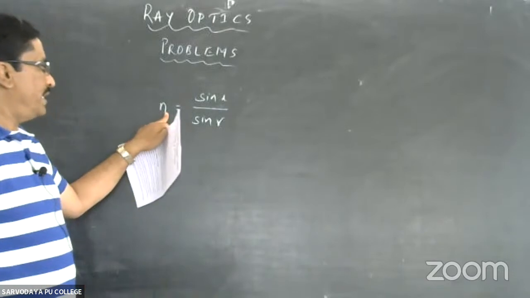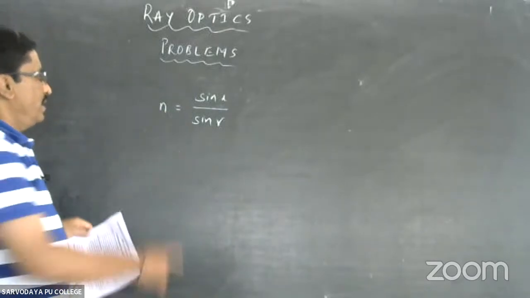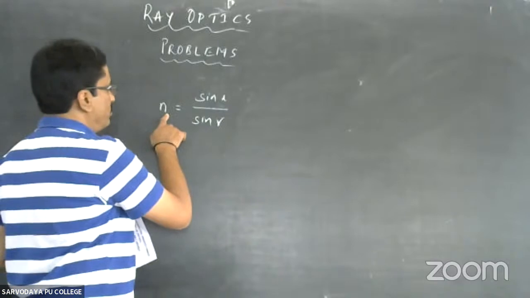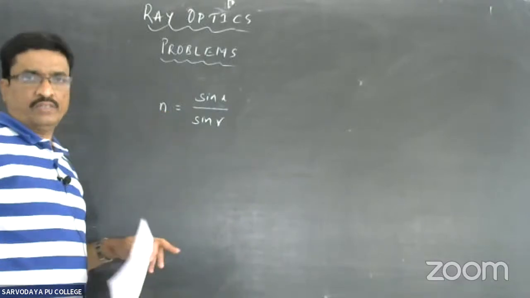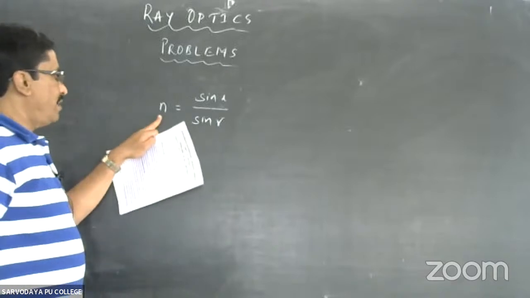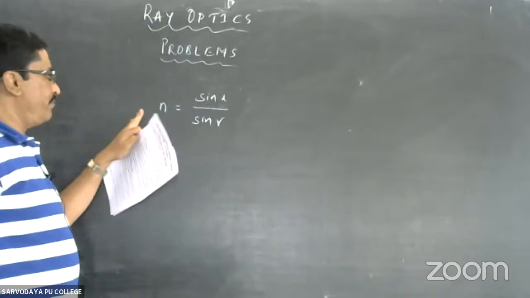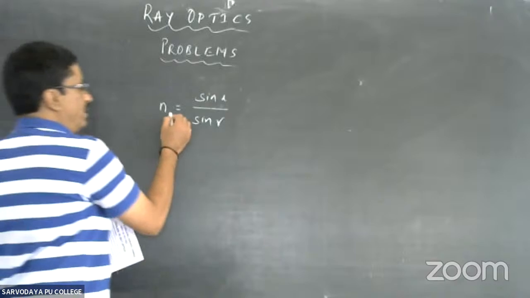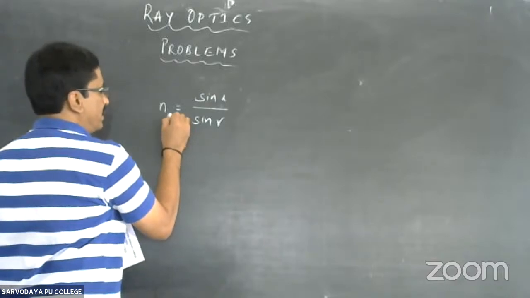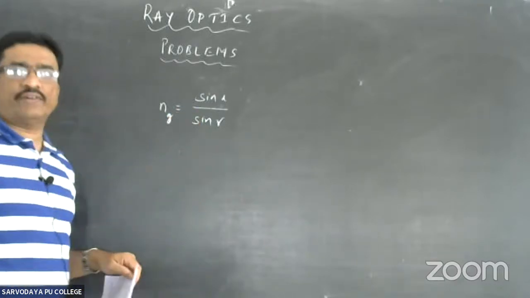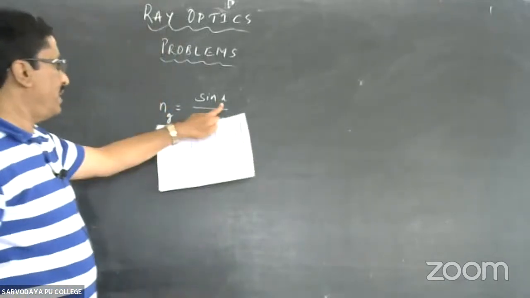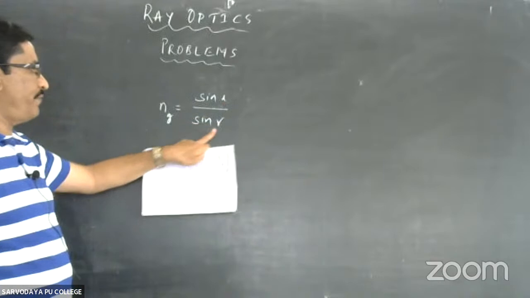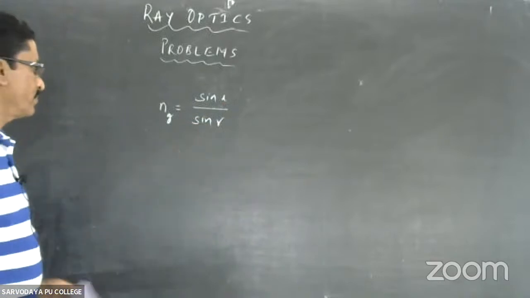Especially when I am writing the formula like this, basically we will be assuming that the light is traveling from air to some medium. For example, if the light is traveling from air to glass, it can be written as n_g, that is, the refractive index of the glass with respect to air, and it will be equal to sin of the angle of incidence in air to sin of the angle of refraction in glass.